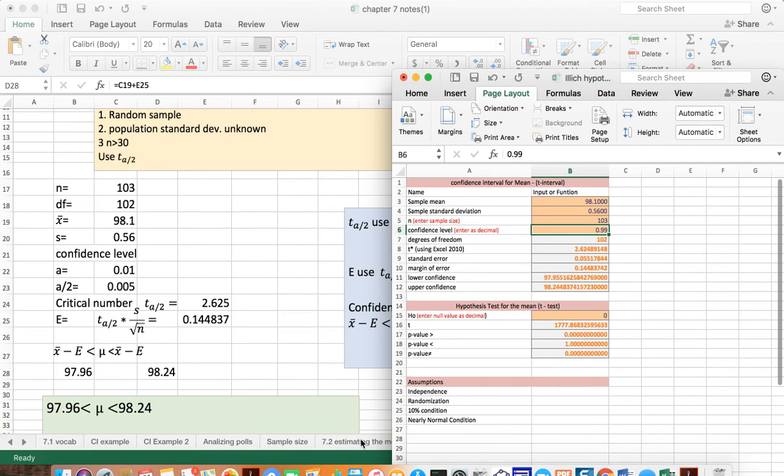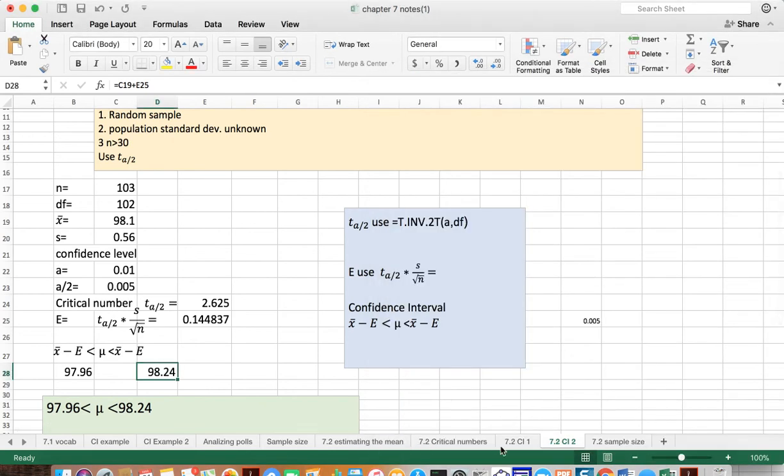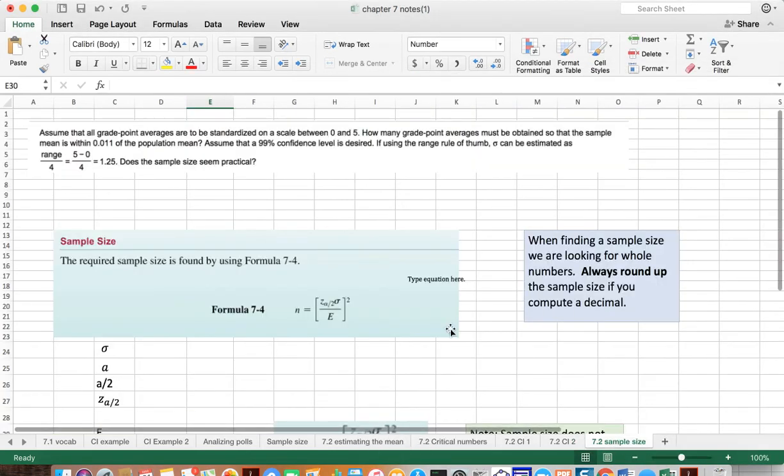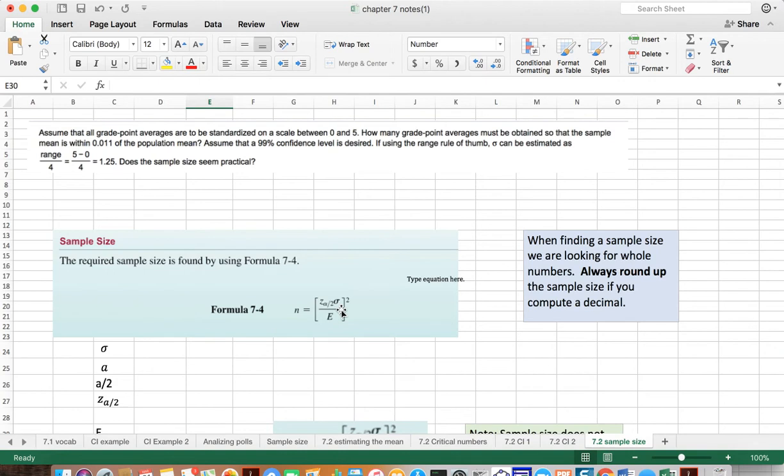The other thing in 7.2 that is important, again, is the sample size if you are going to try to estimate the population mean with sample means. And you do need to have a z-score, a critical number from a normal model, and you do also need an estimate of the population standard deviation.